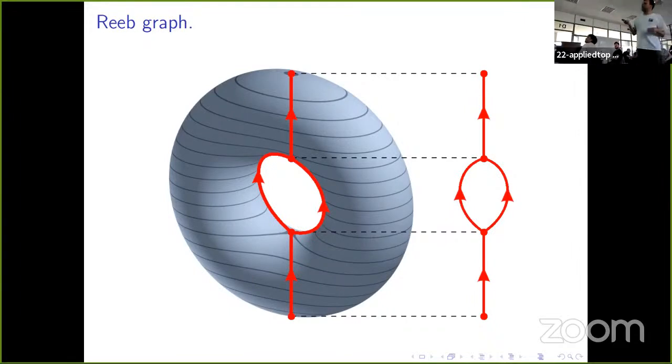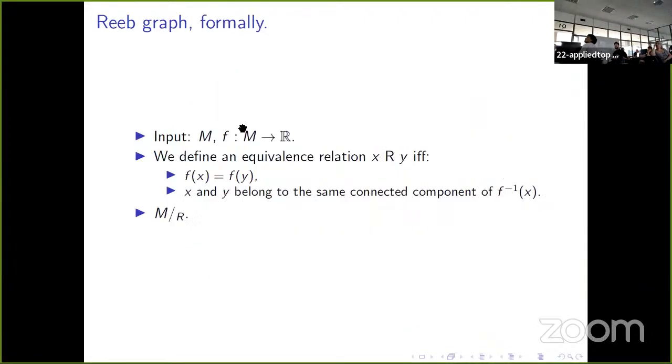Okay. So here's an idea. You have a manifold M, and you have a function f making every point from this manifold a real number. I want to use those two pieces of input to define an equivalence relation.